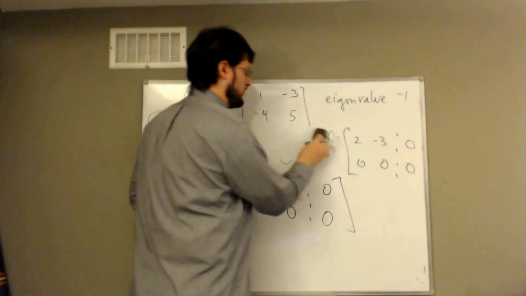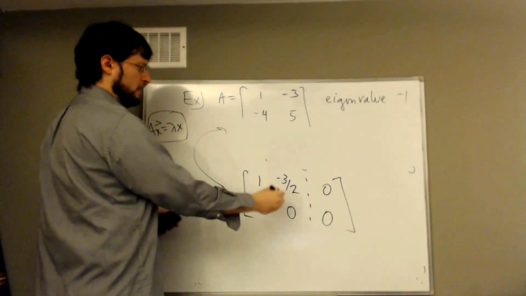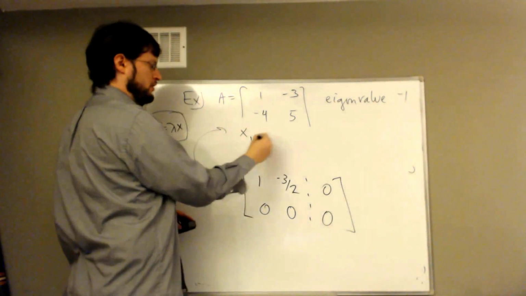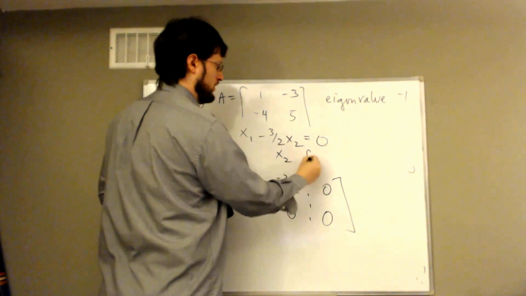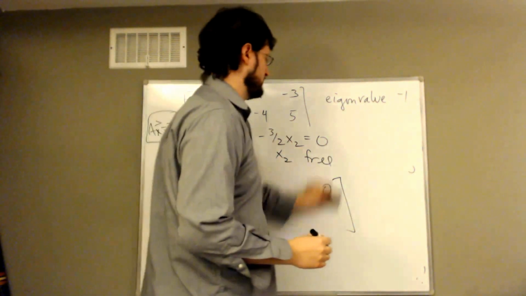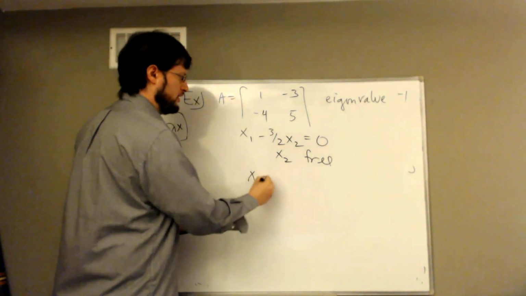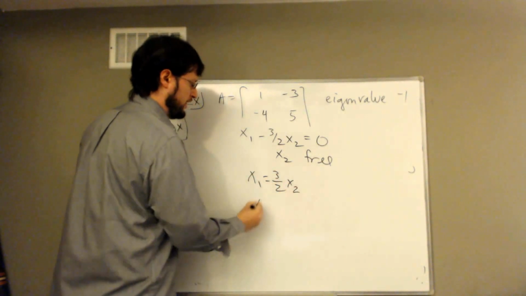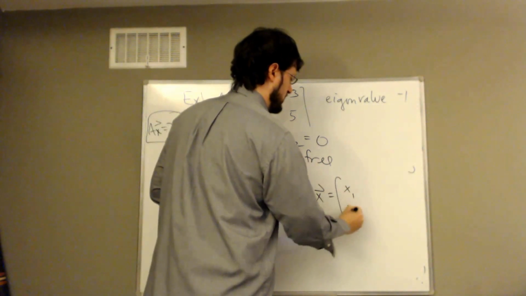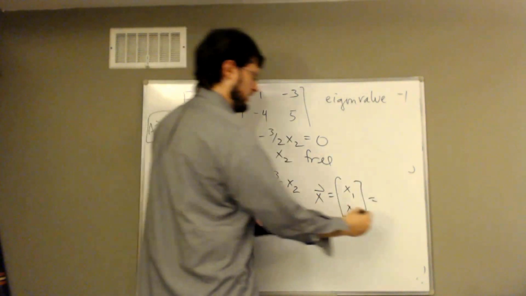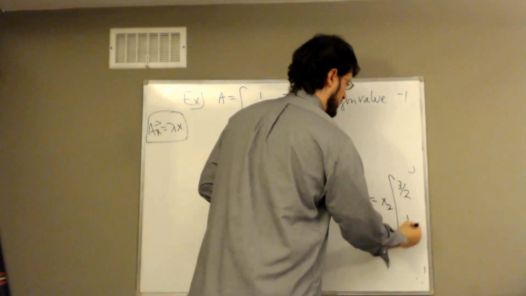So that solution based on our row reduction is x1 minus 3/2 x2 is 0, x2 is free. Which is to say that x1 is 3/2 x2, x2 is free. So the vector x, which is x1, x2, is x2 times 3/2, 1.